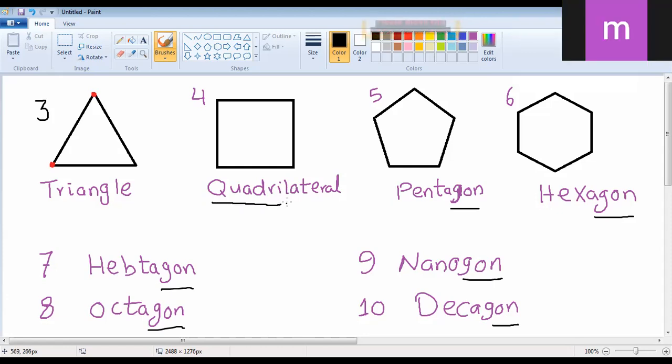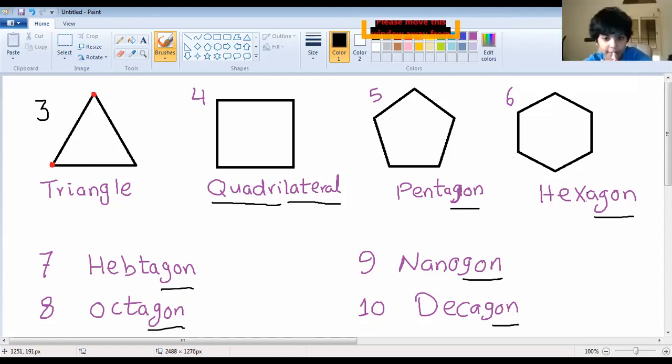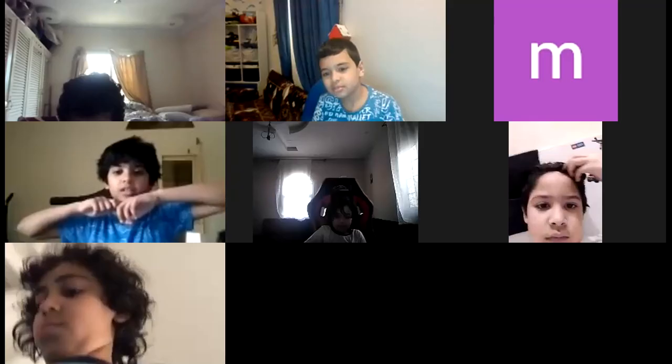Quadrilateral. If we have 5 sides, pentagon. 6 sides, hexagon. 7 sides, heptagon. 8 sides, octagon. 9, nonagon. Then 10 sides, decagon. I think it's very easy.